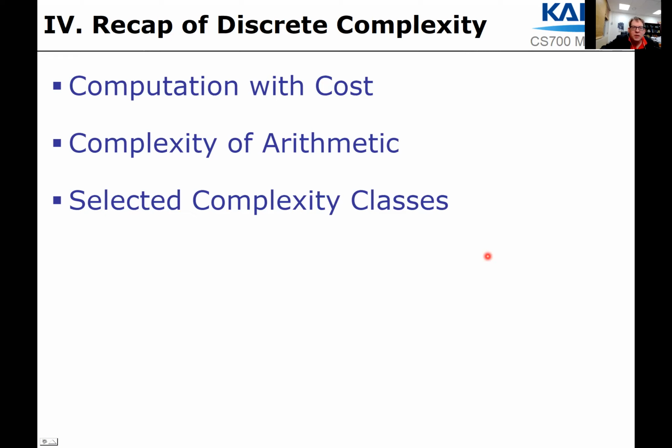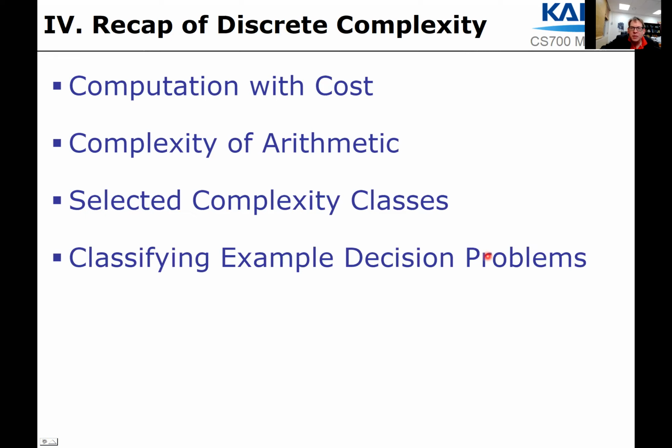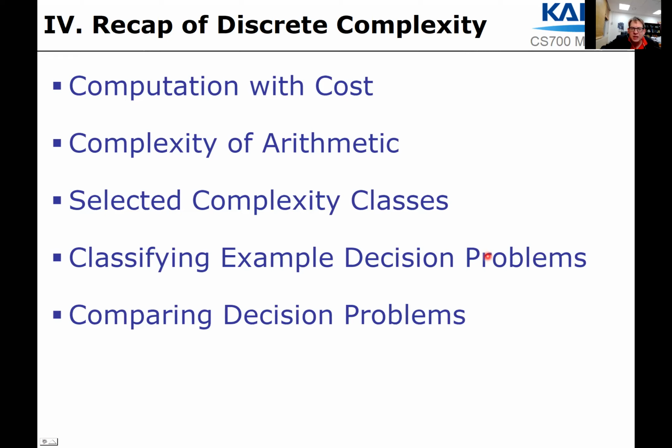We recalled several complexity classes such as P, NP, #P, and PSPACE. And we've classified example decision problems according to these complexity classes. And we've compared decision problems using our standard, which we now know to be called many-one or Karp polynomial time reduction, and arrived at the complexity class picture with these complexity classes.